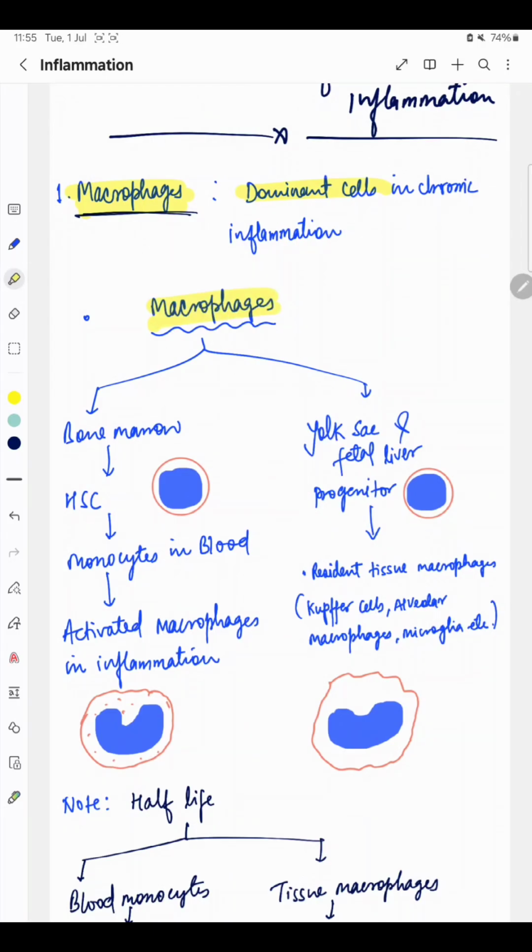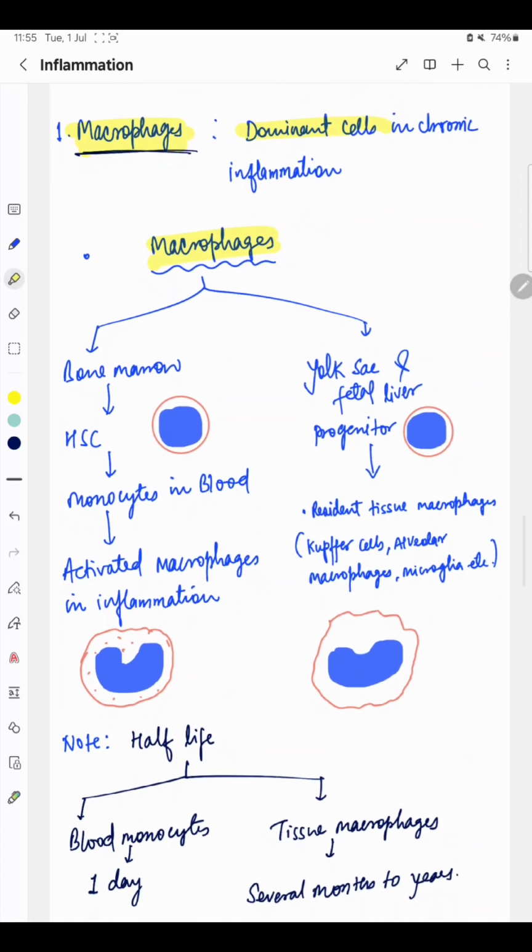How are macrophages produced? In the bone marrow, hematopoietic stem cells produce monocytes, which are ultimately released into the blood, and these monocytes get activated into macrophages during inflammation or various processes.